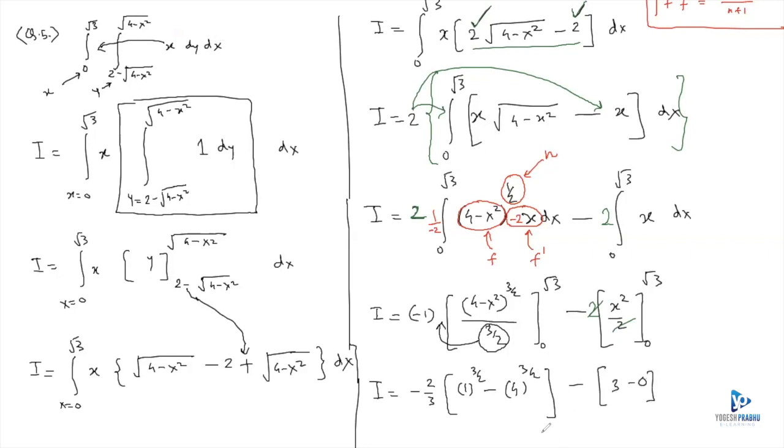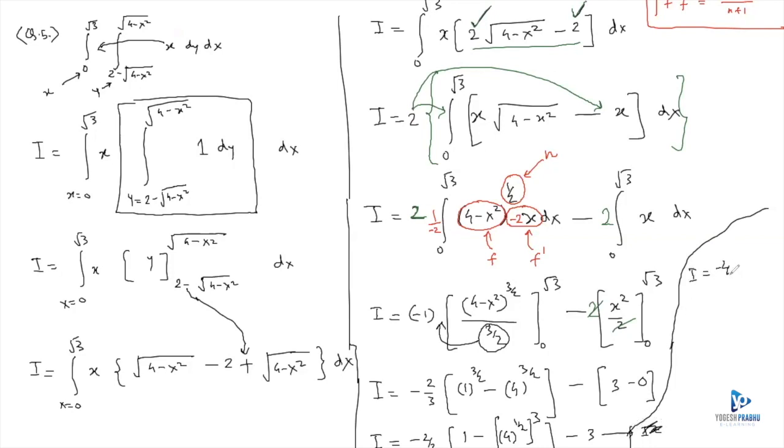It's minus 0. So you get I equals minus 2 over 3. 1 to any power is just 1. That's 4 to the half to the 3, minus 3. Let me use this space. It will be 5/3.